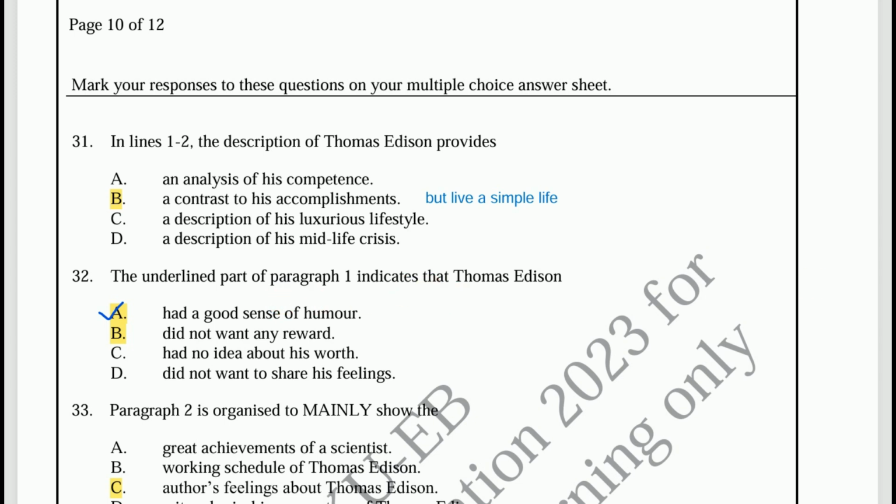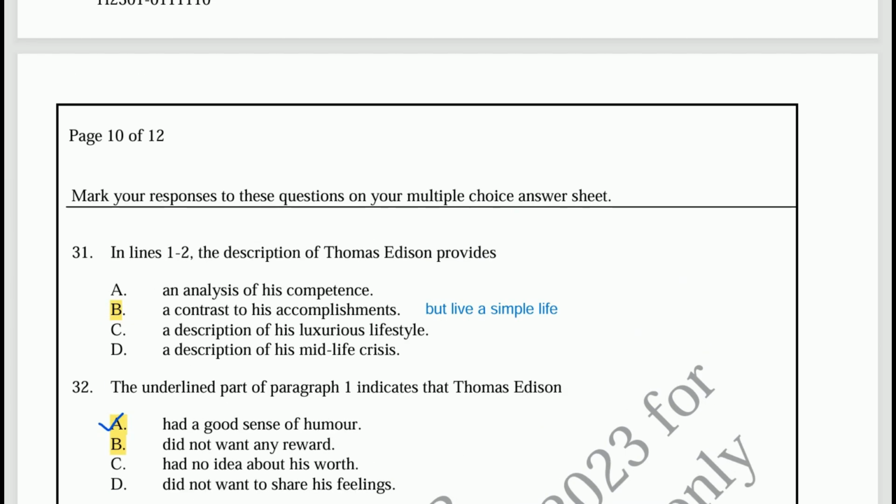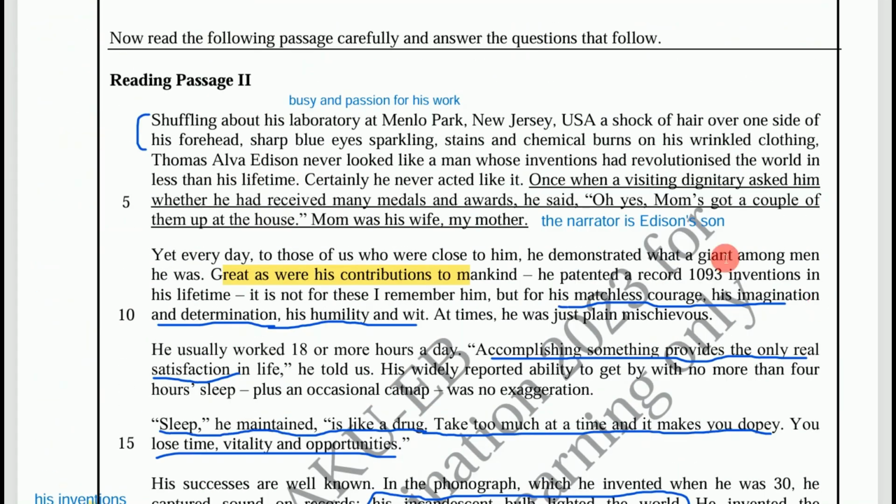The underlined part of paragraph 1 indicates it. So we'll skim quickly the underlined part of paragraph 1. This is paragraph 1 and this is the underlined part. Once, when a dignitary, a person with a higher rank, visiting, asked him whether he had received many medals or awards, he said, "Oh, yes, mom's got a couple of them at the house."